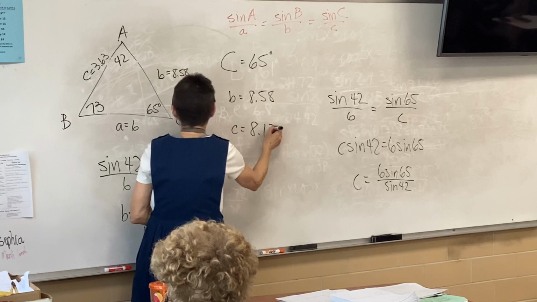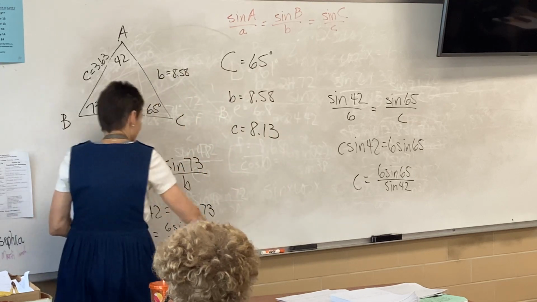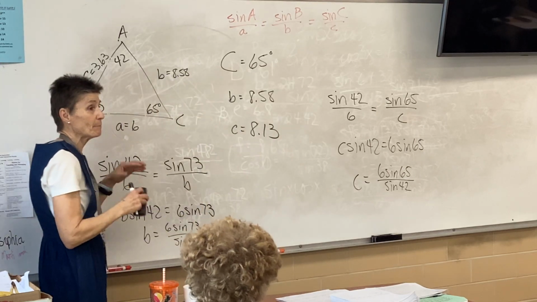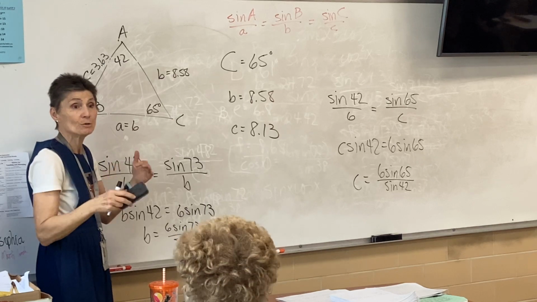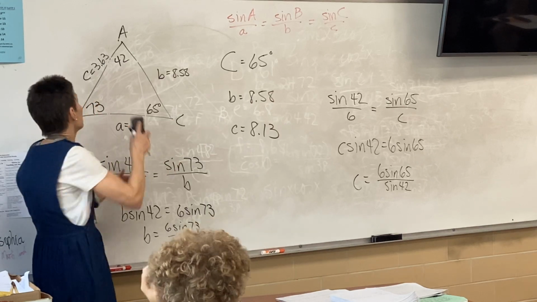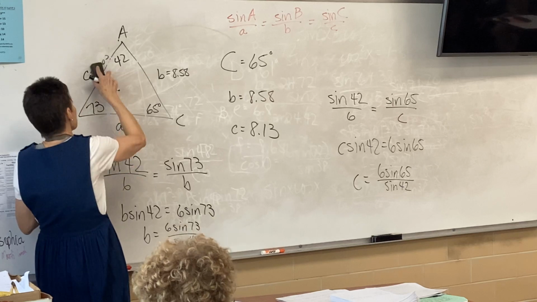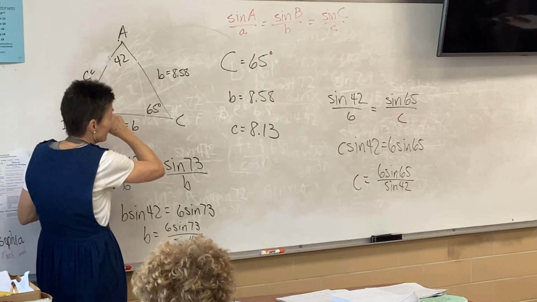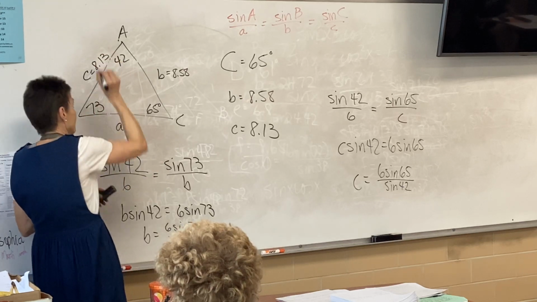So did you figure out what you were doing wrong? Okay, but that was a good thing to have happen, because that might happen to you if you press the wrong button or something. Pay attention. There's no way that side could be 3. It's 8.13.